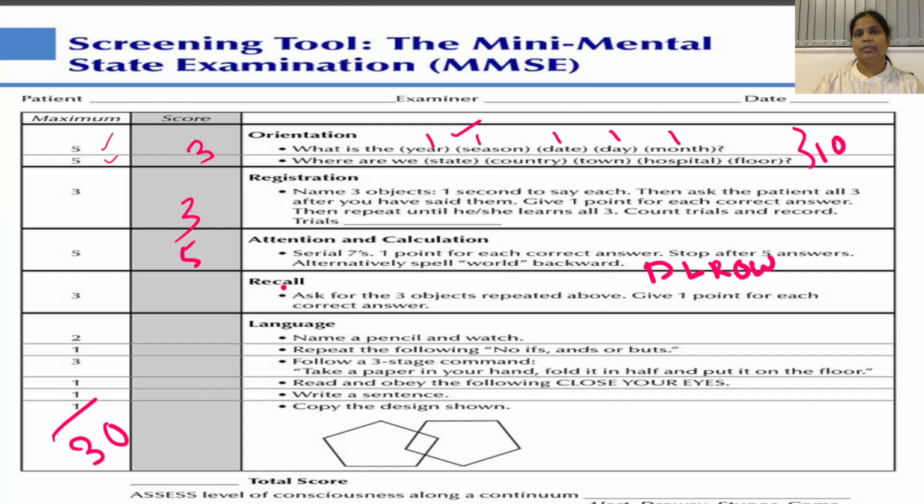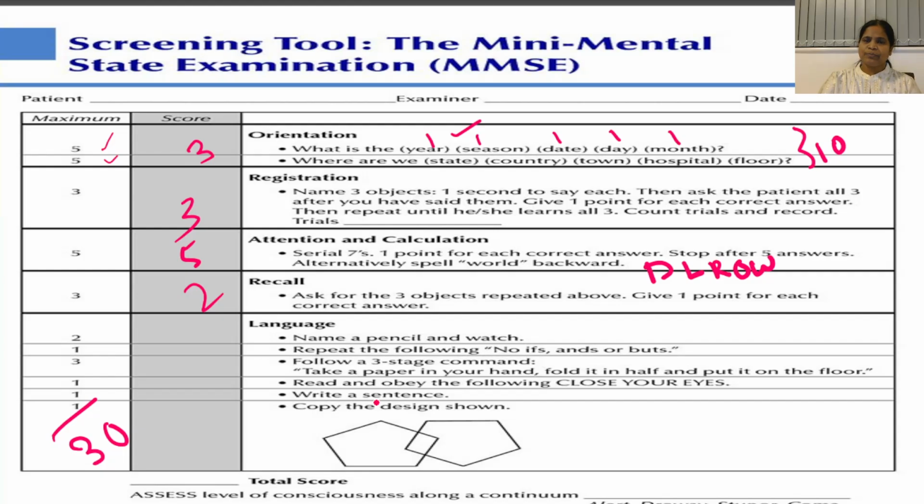We just ask them to repeat whatever they recall. For each object name they say, we can give 1 mark. If they repeat 3 object names, we can give 3 marks. Or if they say 2, then the score will be 2, like that.